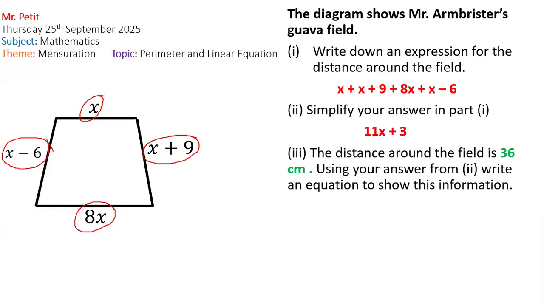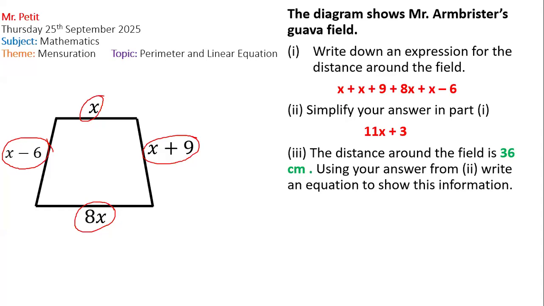Carly C, can you hear me? Can't really hear from Carly C. Lamaya, where's Lamaya? Read number 3 for me, please. The distance around the field is 36 centimeters. Using your answer from number 2, write an equation to show this information.